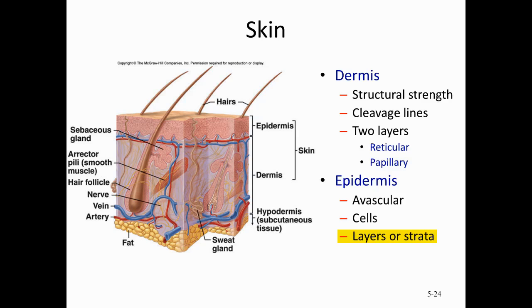Skin, if we're talking about thick skin, and that's going to be on the palms of the hands, the fingertips, and the soles of the feet, is going to have 5 layers. If we're looking at the rest of the skin, there are going to be 4 layers of epidermis. So 5 layers of epidermis for palms, fingertips, and soles of the feet, and 4 layers of epidermis for the rest of the body.